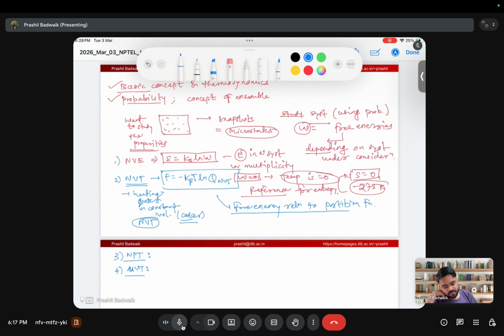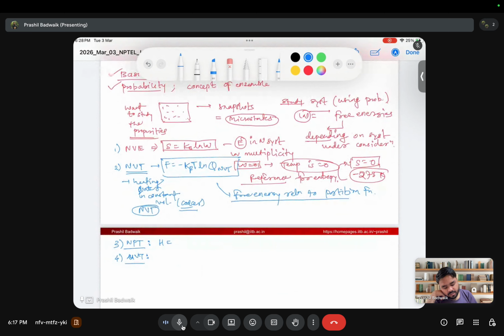So we know that the expression was, for H, that is my free energy, equal to kBT ln of Q NPT.